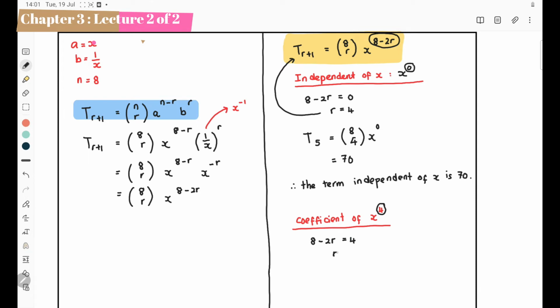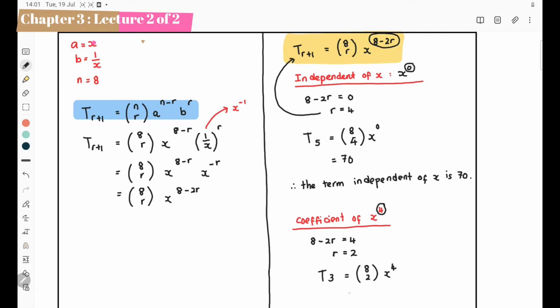Simplifying it, r is 2. Again, by substituting r equals 2 into the T_(r+1) formula, we get T3 equals 8C2 x to the power of 4.